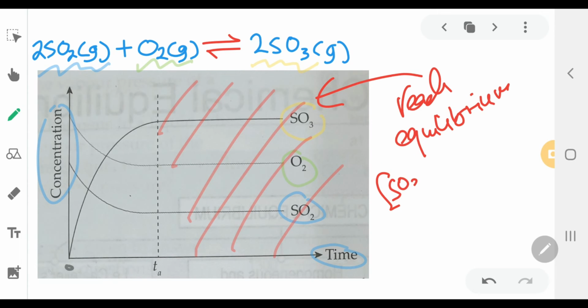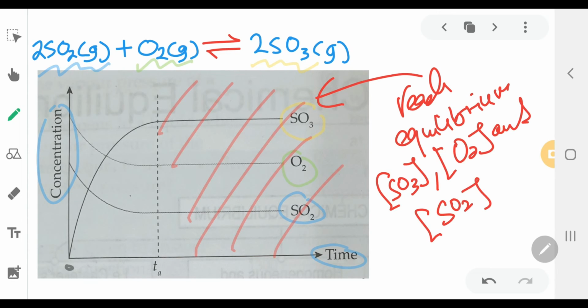The concentration for SO3, concentration for O2, and concentration for SO2 have reached equilibrium right here, when they are no longer experiencing declining of concentration and increasing of concentration.